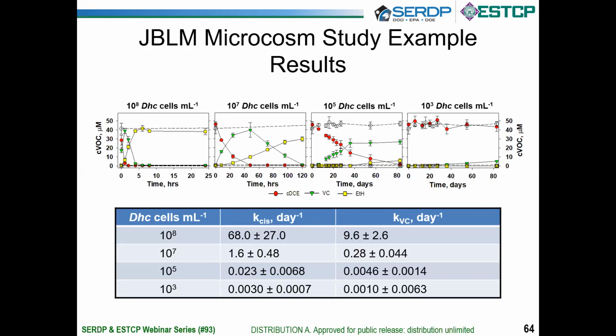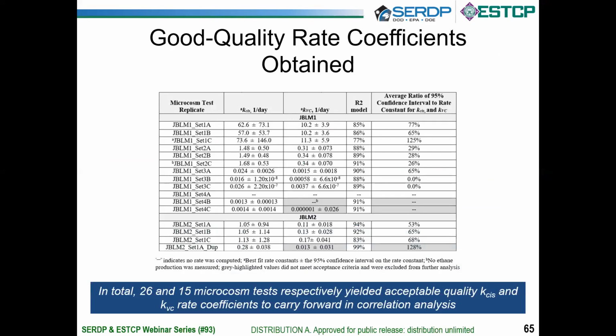On slide 65, a snapshot of all of the rate coefficients that we obtained are shown. There were 44 total microcosms that were completed, and so here we're just showing a subset of the different microcosm sets and the rate coefficients that corresponded to those sets.